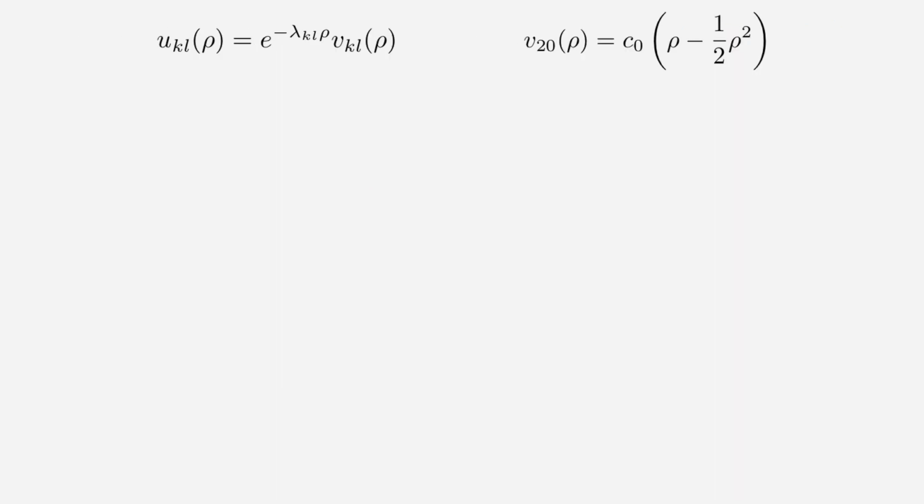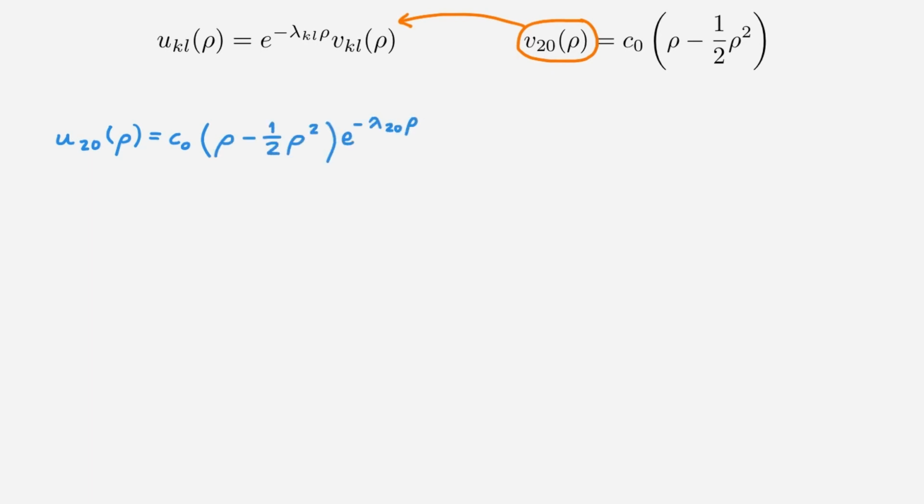The next step is to build u20. We can insert this expression we just found for V20 into this expression and get this polynomial term times the exponential. For the exponential, we need to determine lambda, which, remember, is given by this expression. In our case, we have lambda 20, which is equal to this square root.